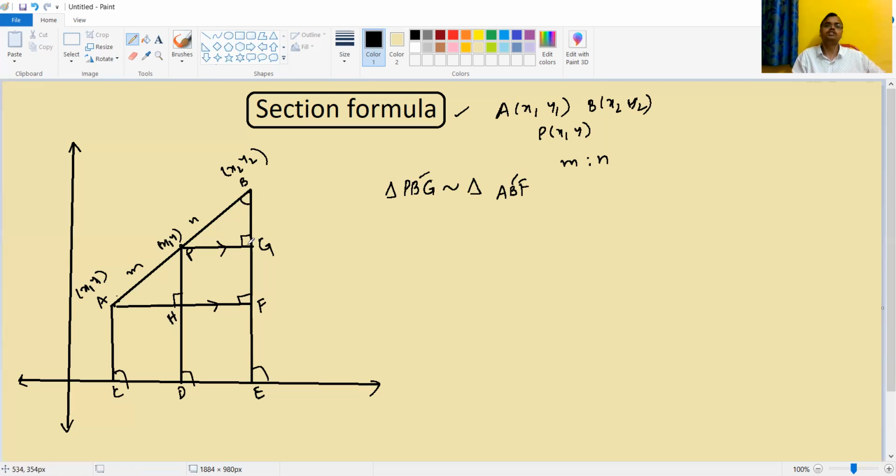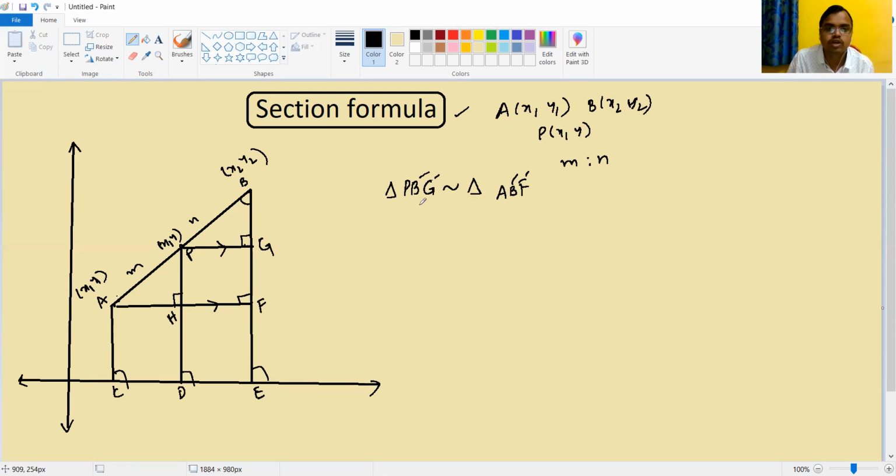Okay, angle D is 90 degrees, angle F is also 90 degrees. Hence, we can say that those two triangles are similar. Once they are similar, the ratio of the corresponding sides will be equal.